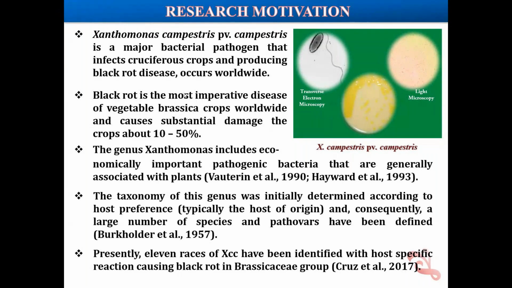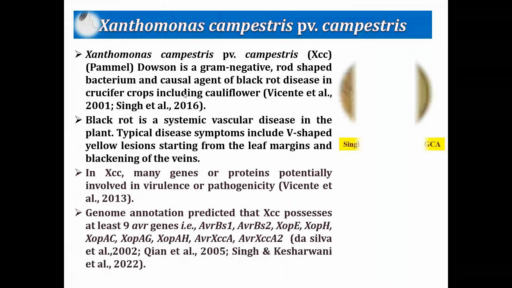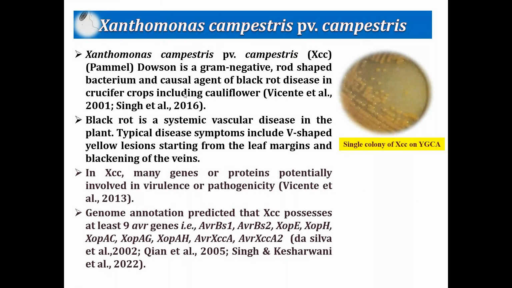The pathogen Xanthomonas campestris pv. campestris is a gram-negative rod-shaped bacterium and the causal agent of black rot disease in crucifer crops. It is a systemic vascular pathogen producing V-shaped yellow lesions starting from the leaf margins and blackening of the veins.